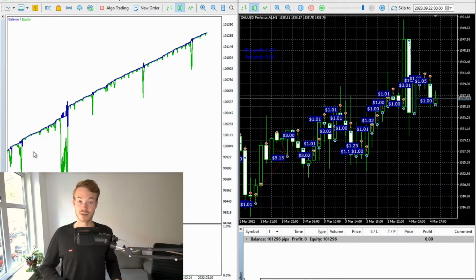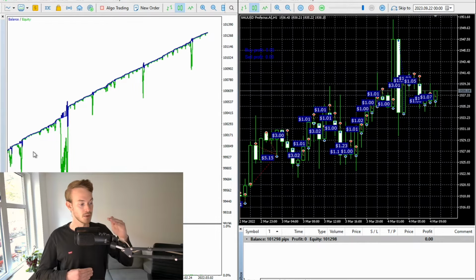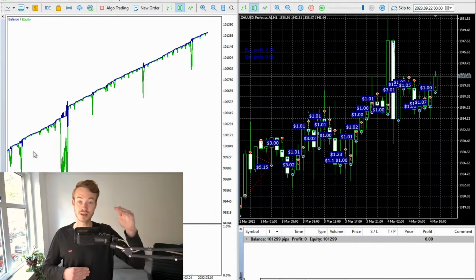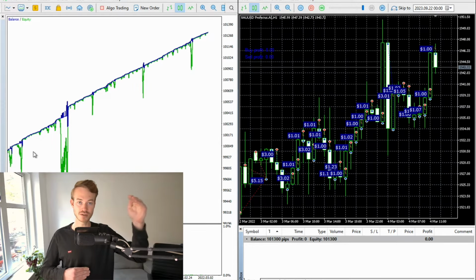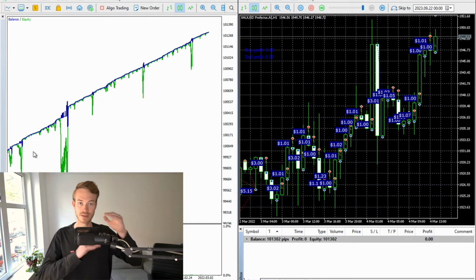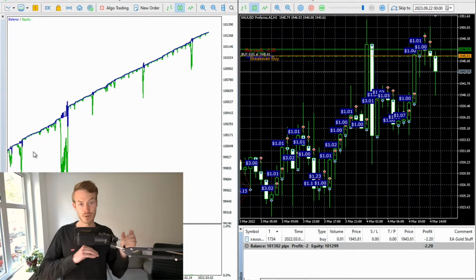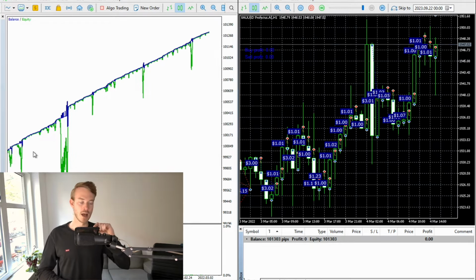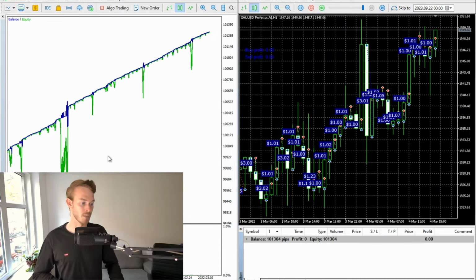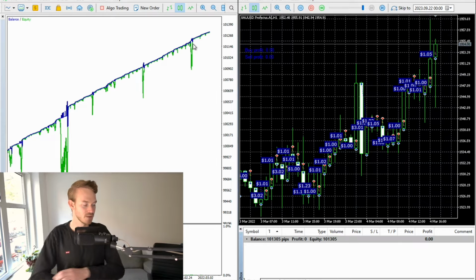That is a different degree of being a dangerous system, since you're not realizing losses: the price is moving against the position, you are adding more and more positions, so your loss is growing with every single trade. And as soon as price is moving just a little bit in the right direction, you take those tiny little wins, profits home. However, in exchange come these very steep drawdowns, which is why I would be very careful.